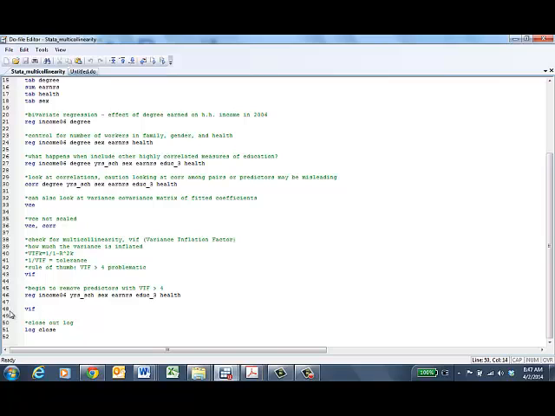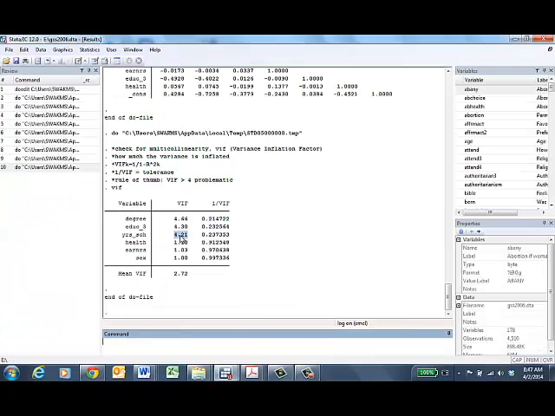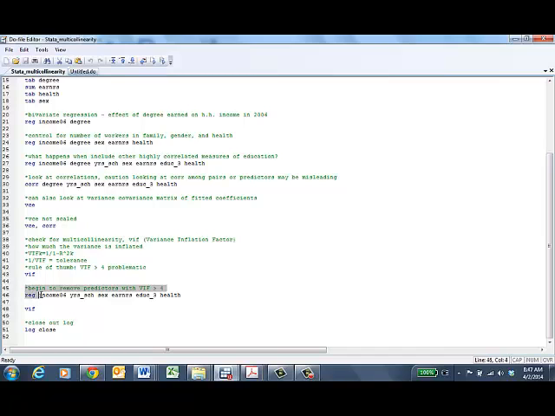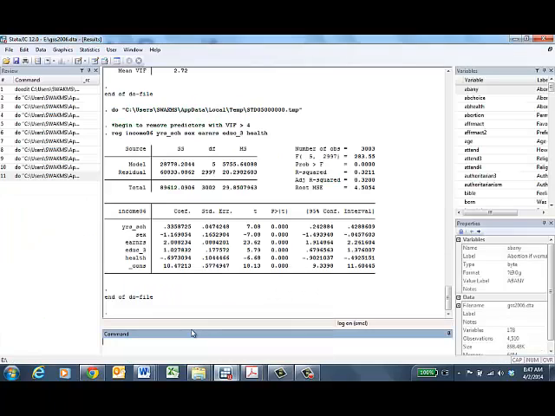So we can begin to correct this by removing one by one predictors with VIF values that are greater than 4. So our first VIF value that's greater than 4 is degree. So if I remove this from the model, we see that years of schooling still has a positive and statistically significant effect on income for the household in 2006.